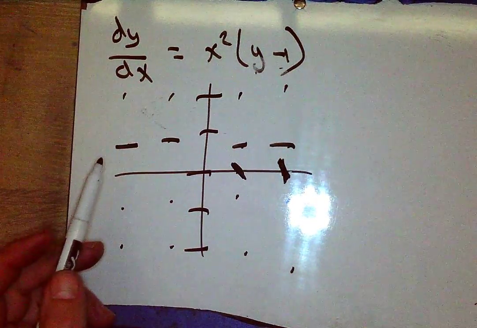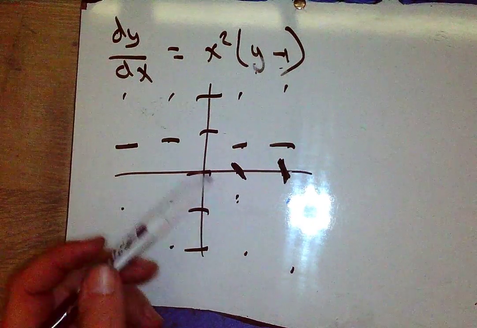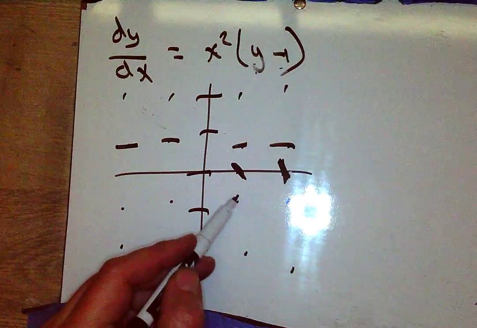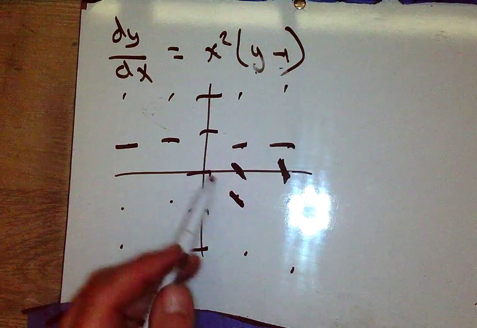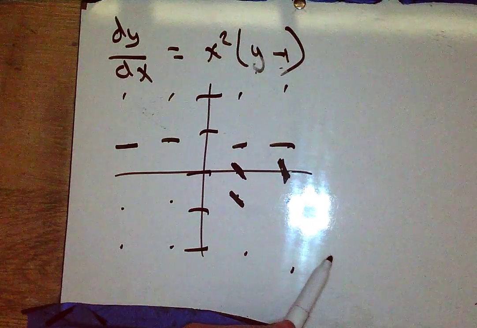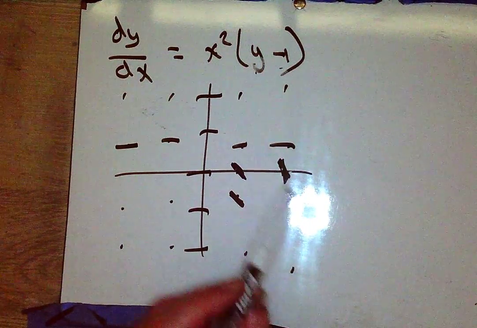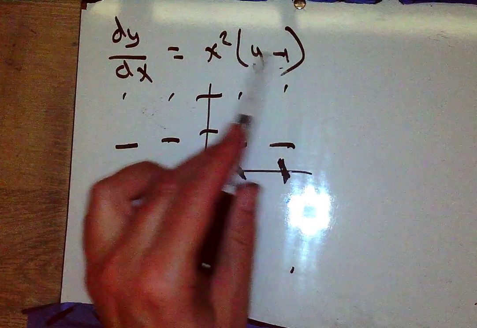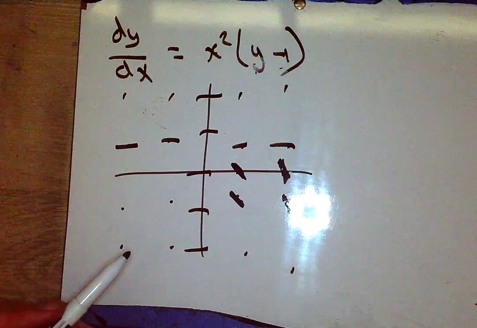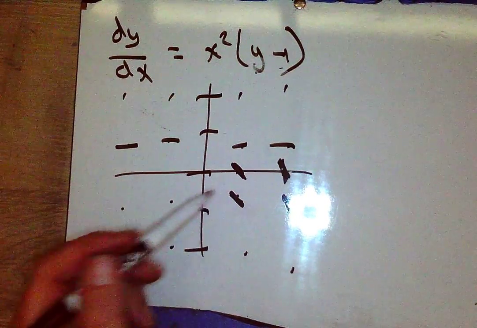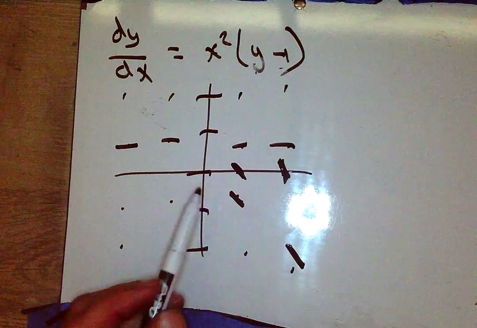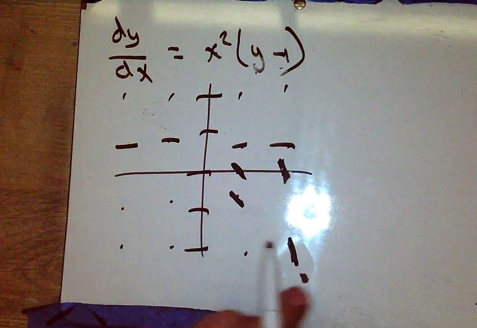If I plug in 1, negative 1, it's going to be negative 2. 2, negative 2. No, it's negative 2 here. That's negative 3, 4, negative 12. Oh my gosh, that's so steep. And that was that one there. That's the negative 12.